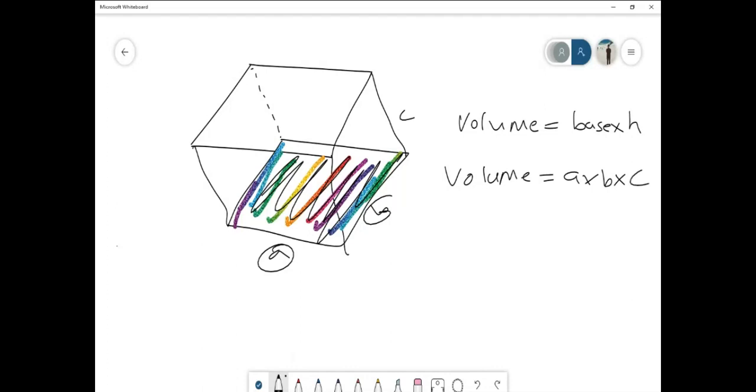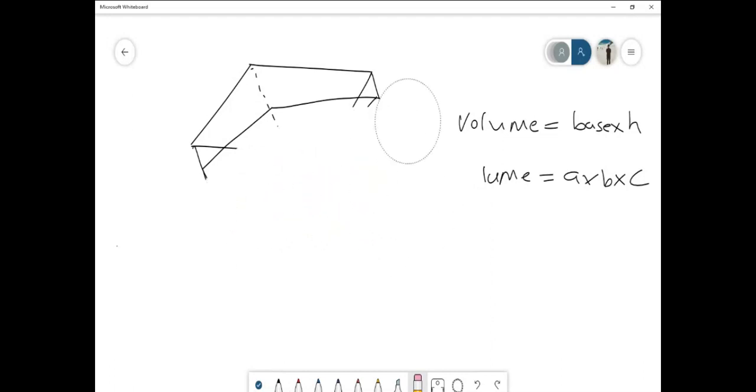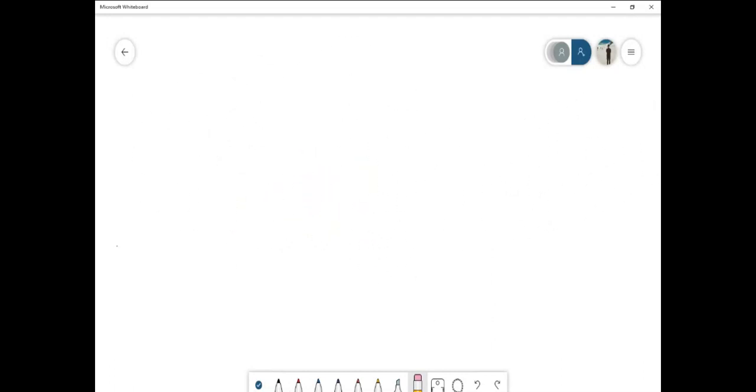So as you can see, the base is the same in all portions of the cube. If you cut it from here, it's the same. If you cut it from here, it's the same. But what if you have a cone? Something like this.